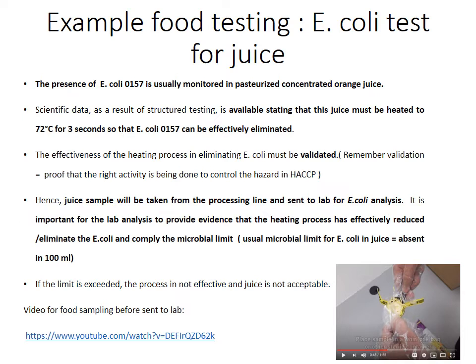Scientifically it has been established that juice must be pasteurized at 72 degrees for 3 seconds so that E. coli can be effectively eliminated. This is a scientific statement that you want to comply with in your practice for pasteurization.